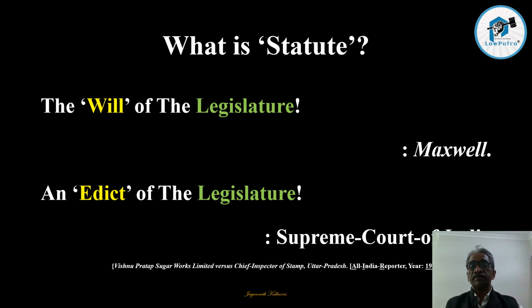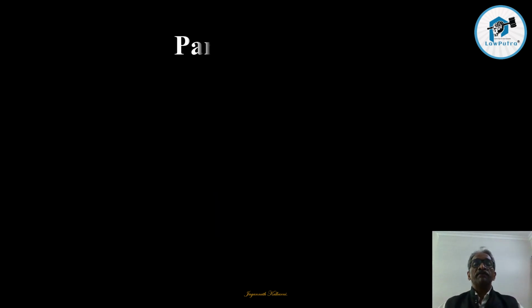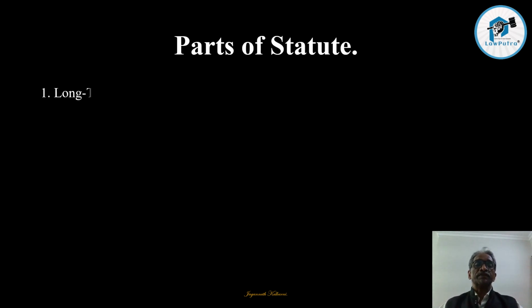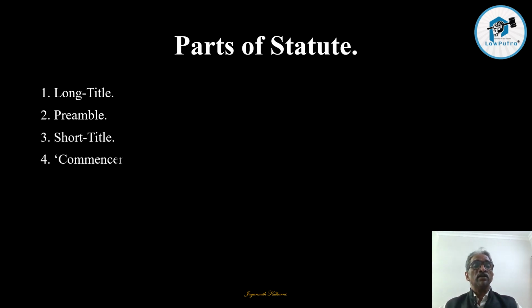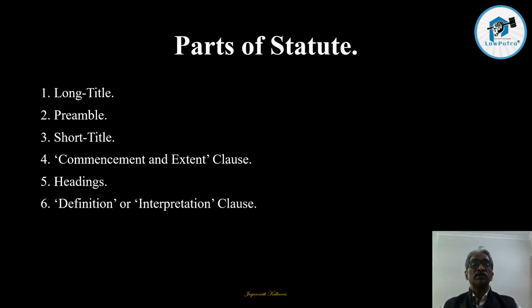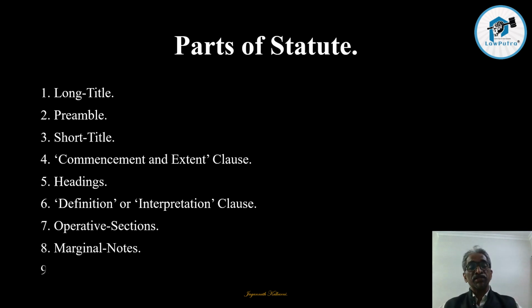Stamp, Uttar Pradesh. Now, when we consider a statute, we need to know what the parts of a statute are, and there are 16 parts generally, typically contained in a statute. First is the long title, second is the preamble, third is the short title, fourth is the commencement and extent clause, fifth is the headings, sixth is the definition or interpretation clause, seventh is the operative sections, eighth is the marginal notes, ninth is provisos.